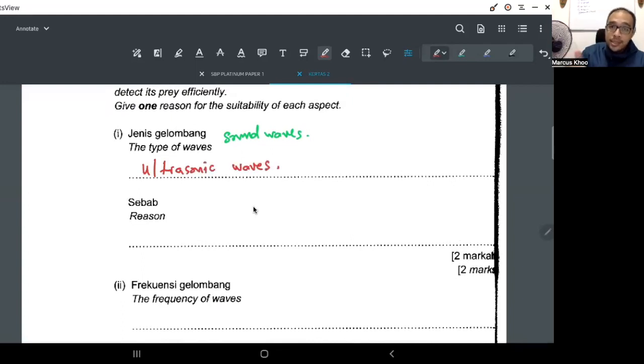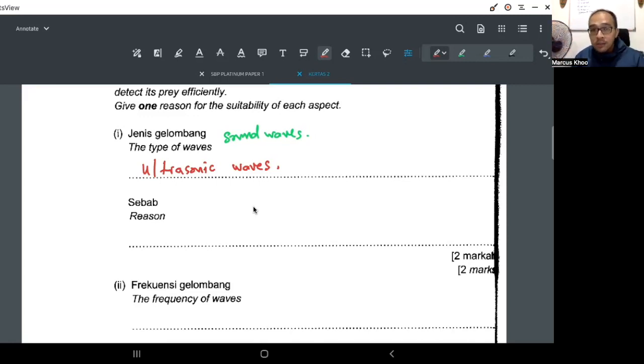Bats, dolphins, they communicate with each other by using ultrasonic. Ultrasonic means it is beyond our hearing, it's very, very high frequency. When you think about ultra, it's like, wow, Ultraman or ultra power.